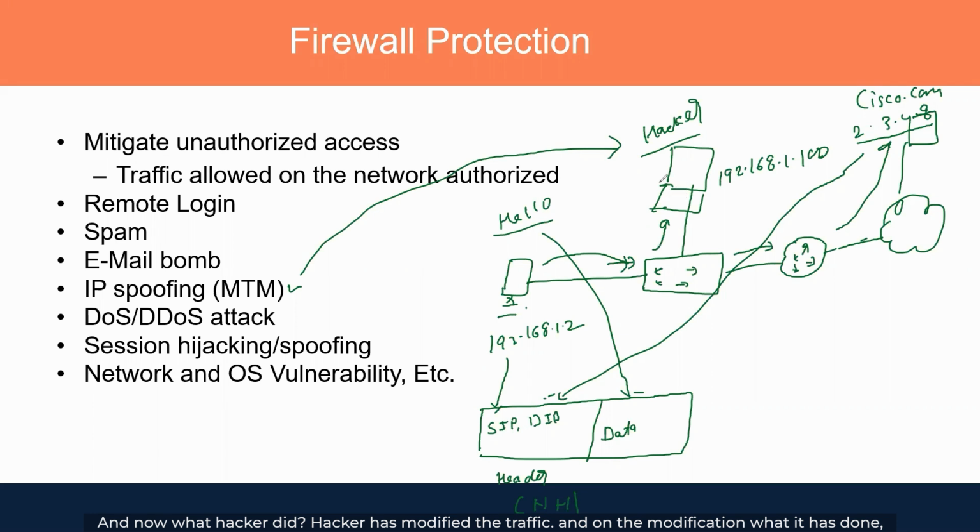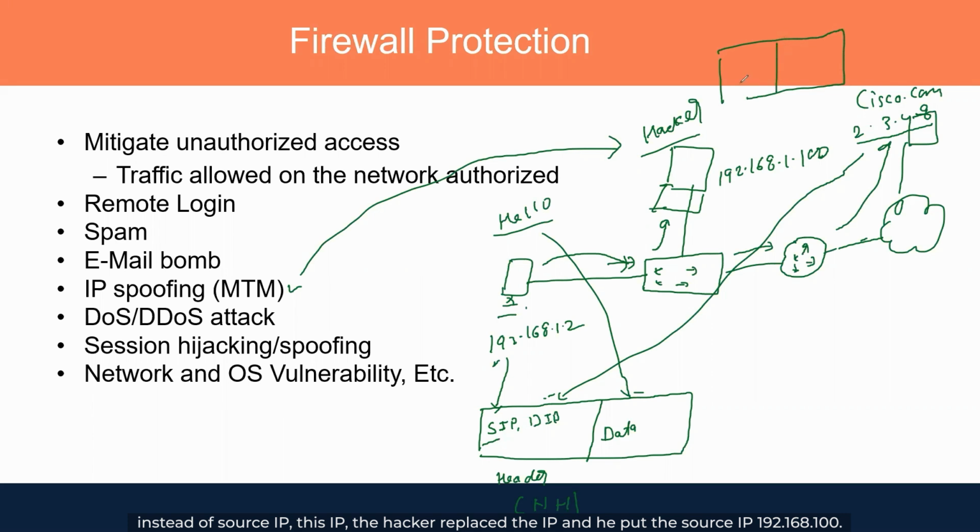In the modification, instead of the original source IP, the hacker replaced it and put his own IP, 192.168.1.100, as the source IP. After replacing the source IP, he sent the packet to cisco.com.